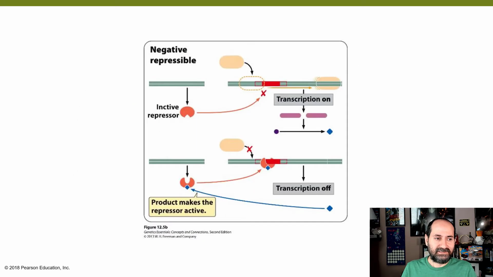Okay, is this negative repressible? Take a look here. Negative repressible system. Again, negative meaning what? A repressor is involved. Repressible meaning what? This means that you can add a molecule to turn off gene expression. That means that the gene is normally expressed. All right, let's take a look here.